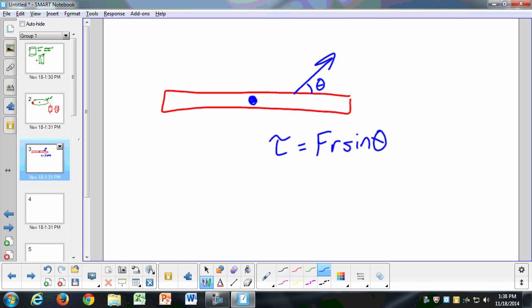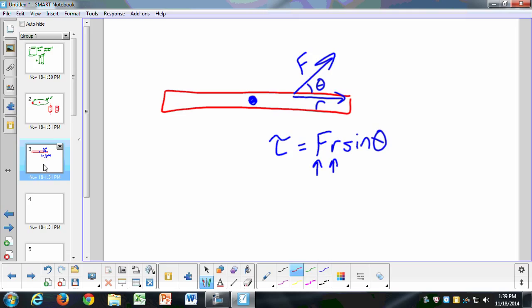Right? And that angle theta is the angle between the force and the moment arm. So this is my force, and then we call this direction our moment arm. R is actually a vector, and so it has a direction, and in this case the angle theta is the angle between F and R.